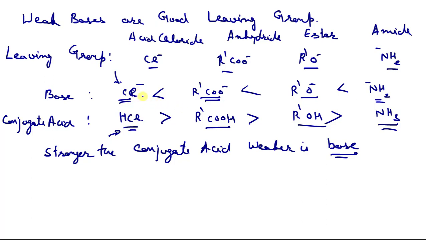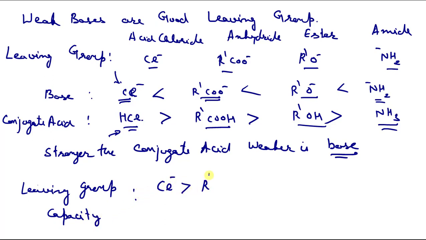Since Cl negative is the weakest base, it is a good leaving group. So, in leaving group capacity, Cl negative is better than R dash COO negative, which is better than R dash O negative, which is better than NH2 negative.